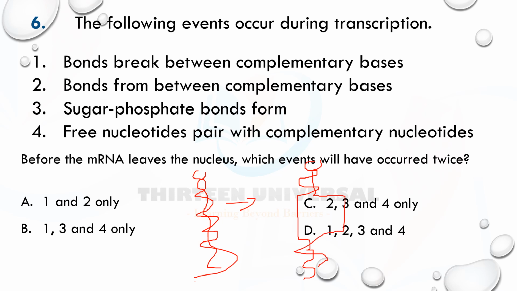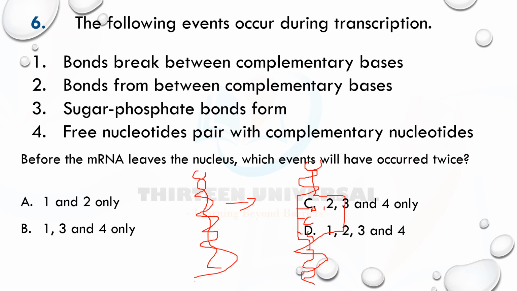The rest stay wound. So look at this. Let's assume this is the template strand and you have A here, adenine, C here, G here, whatever, and so forth.